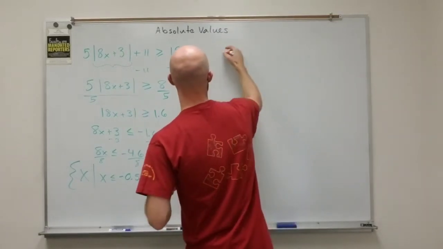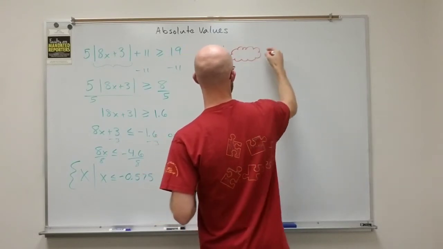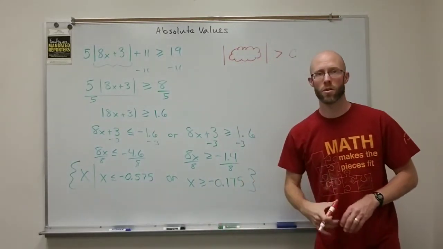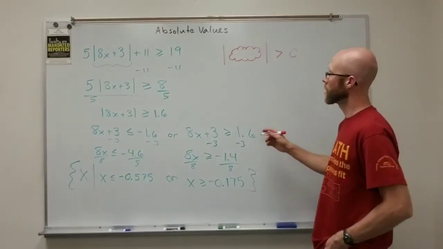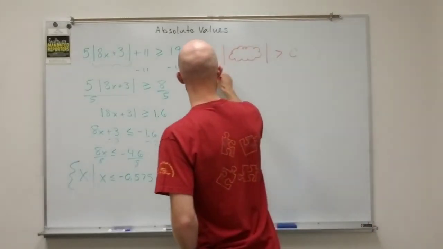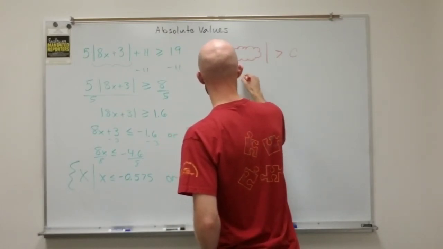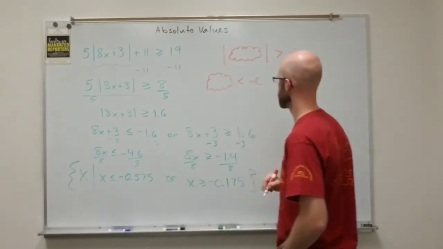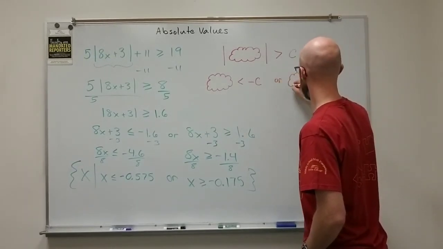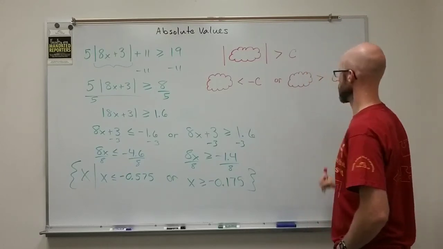And so if you ever have an absolute value, we'll do the little cloud again, greater than a number, okay, absolute value is greater than a number, then you want to write it into 2 inequalities. One of them has that same stuff from inside the absolute value, but it's going to be less than the negative of that number, or that cloud greater than the positive, okay?